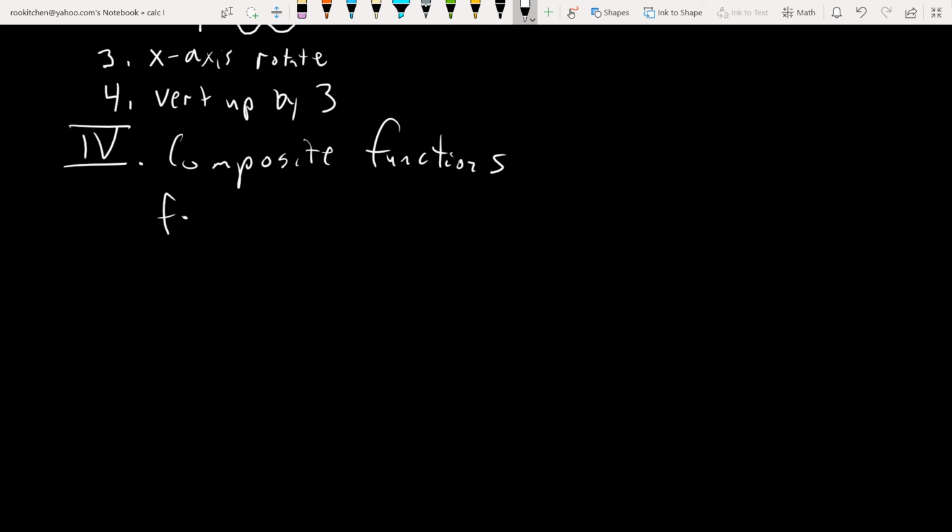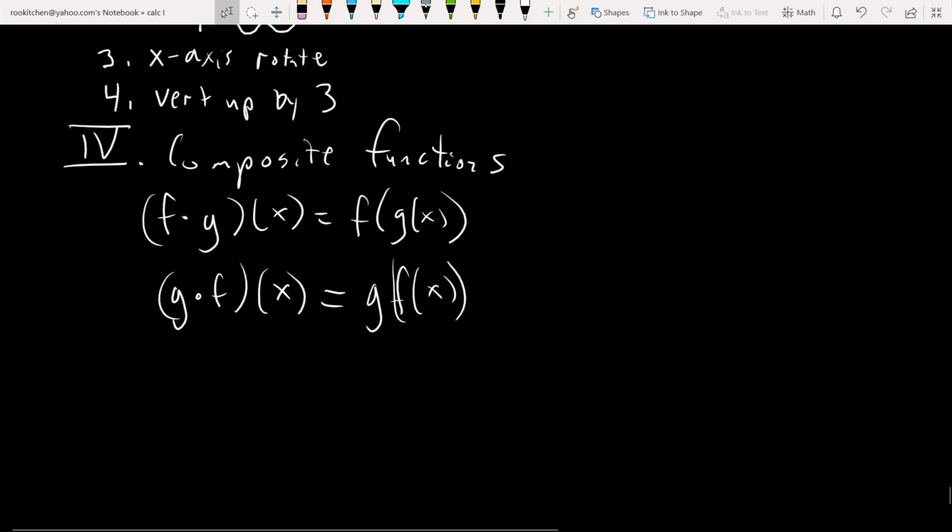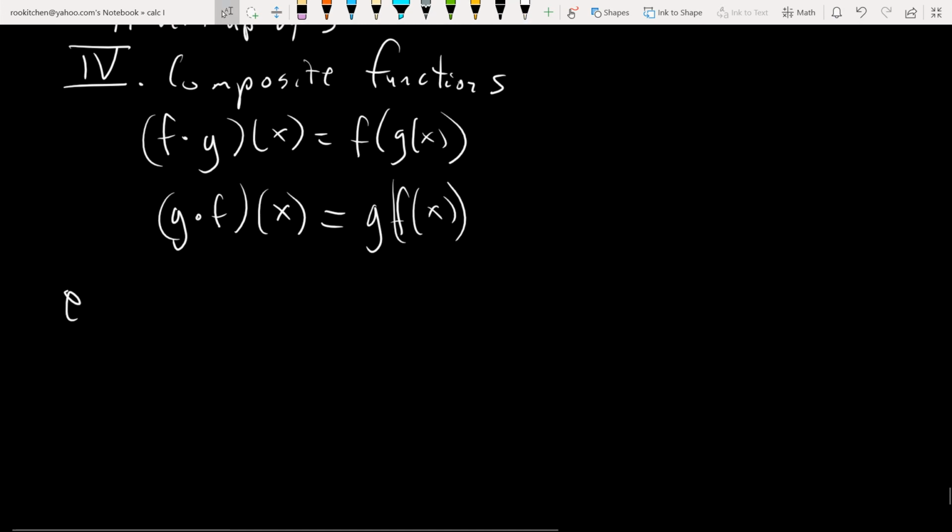So the notation f of g of x just means you're putting g inside of f. G of f of x just means you're putting f inside of g. Like that. Okay, so let's look at 67, or an example.